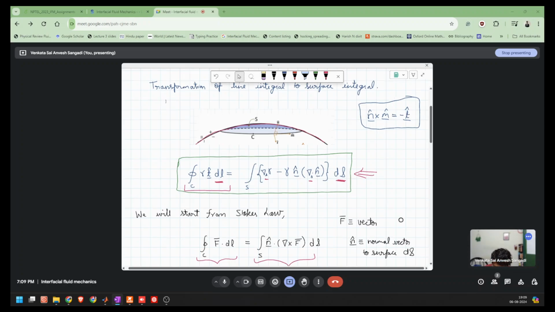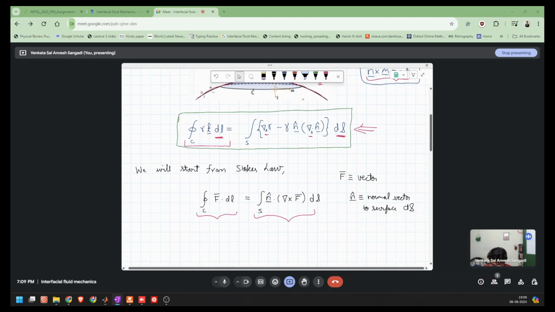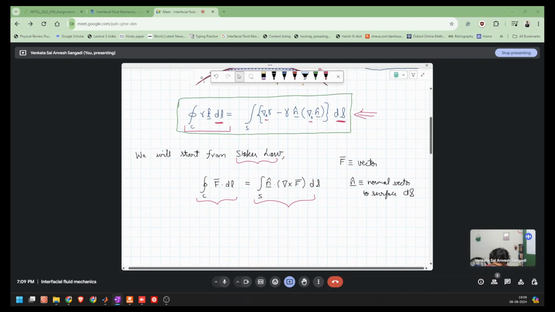We have an interface as seen here, and then as seen in the class, we have this relation. So the idea is that we use the Stokes theorem, start our derivation and get to a suitable form that can be used to get the desired result.